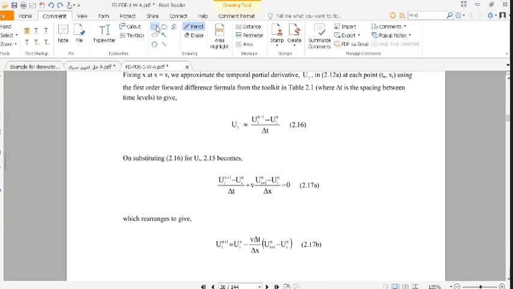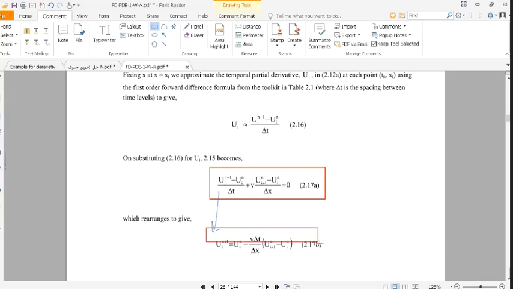In this formula, when we obtain u i, n plus 1 from the last formula, we have u i n plus 1 is equal to u i n minus v delta t over delta x times u i plus 1 n minus u i n.